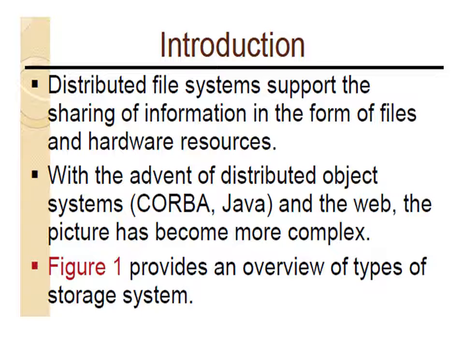Distributed file systems support the sharing of information in the form of files and hardware resources. So information is shared here in the distributed file system in the form of files and hardware resources. We are going to concentrate on how the information is shared in the form of files in distributed systems.